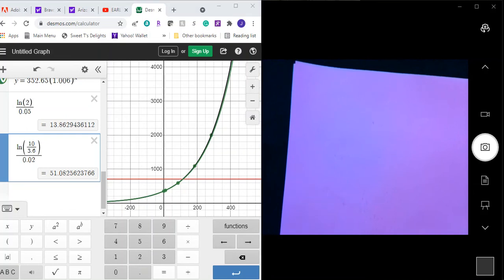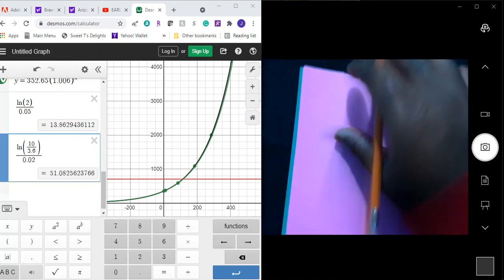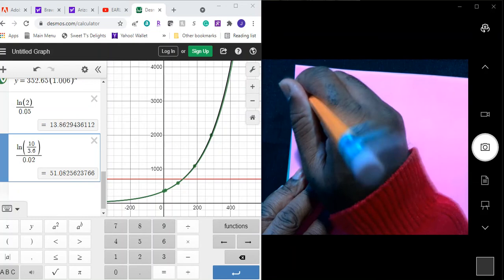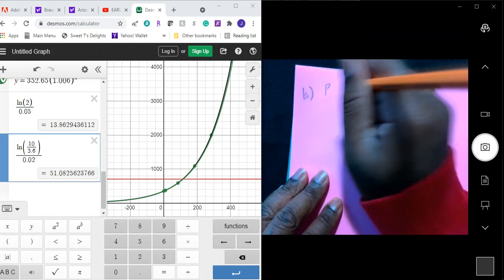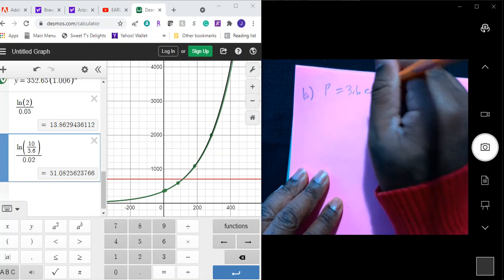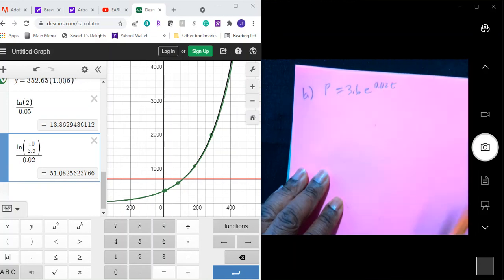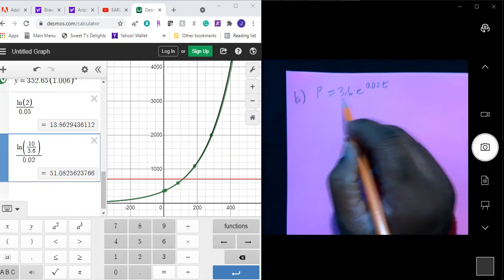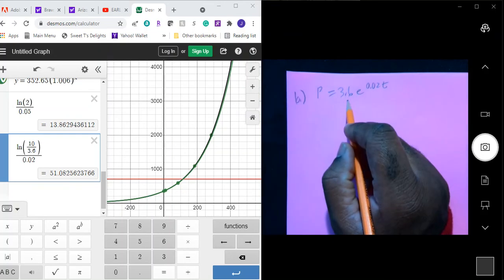Basically, if we take our original model, which had that formula, P is equal to 3.6 e to the 0.02t. According to this model, 3.6 would be our starting value, which is from 1969.